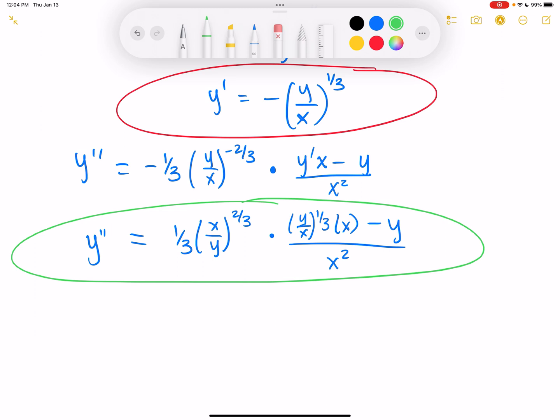And then, because basically, at this point, this stuff is going to stay for right now. Then over here, you're going to end up with y to the 1/3 times, this is x to the 1/3 on the bottom and a 1 up here.